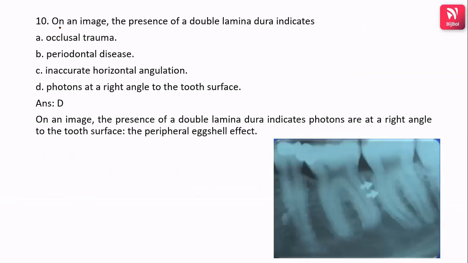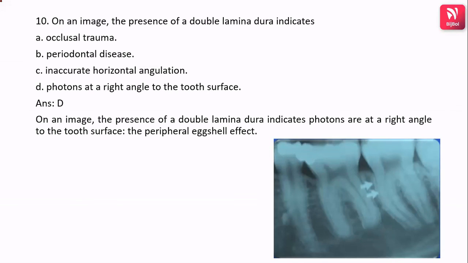Moving to the next one. On an image, the presence of double lamina dura indicates. So when do you see a double lamina dura in a radiographic image? In cases of occlusal trauma, periodontal diseases, inaccurate horizontal angulation, or if the photons are directed at a right angle to the tooth surface. So basically, you can see this type of image, that is double lamina dura, whenever the photons are projected at a right angle to the tooth surface, and this is also known as the peripheral eggshell effect.